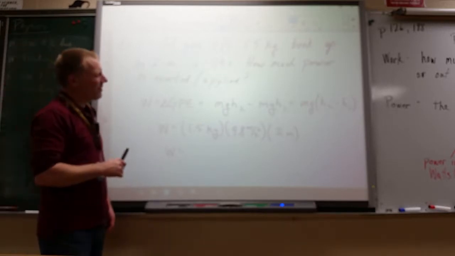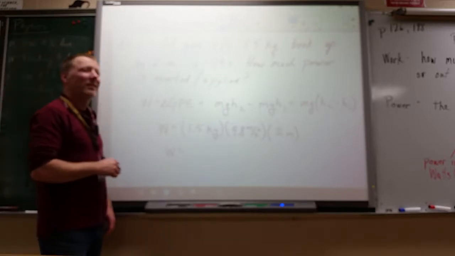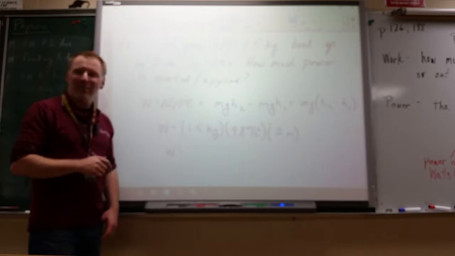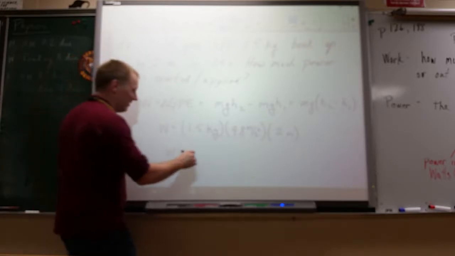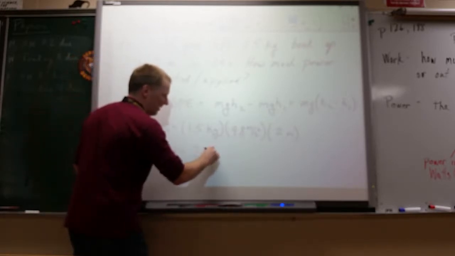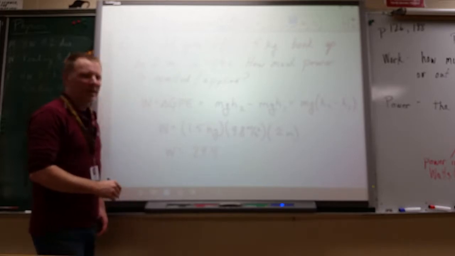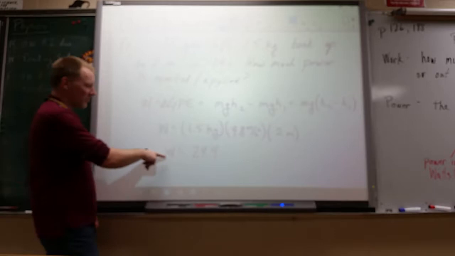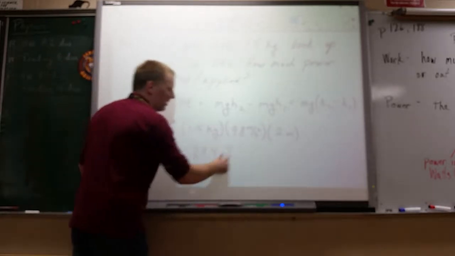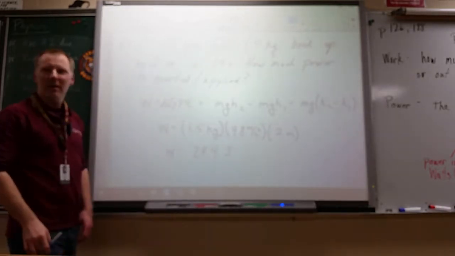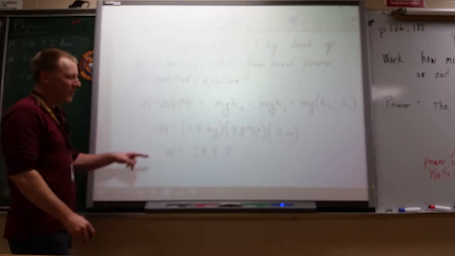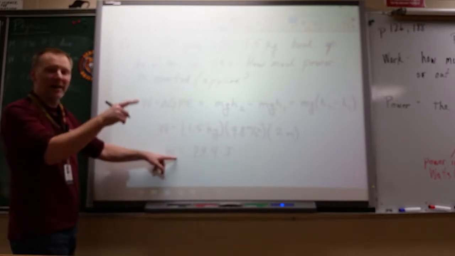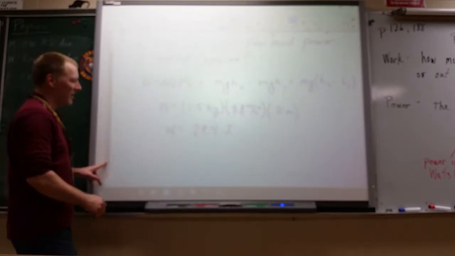What happened? Somebody help me out, that would be 29.4. What units? Joules, because we're finding a work. We are looking for power. So all we have to do once we find work is divide it by the time in seconds.